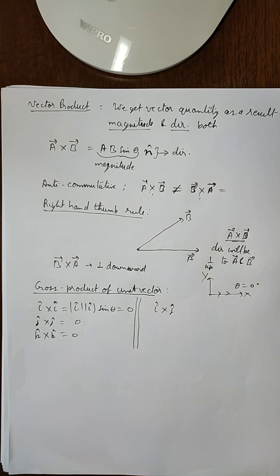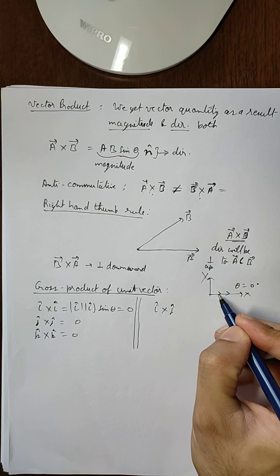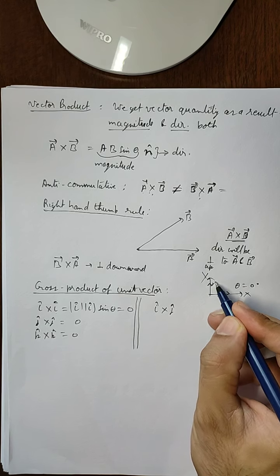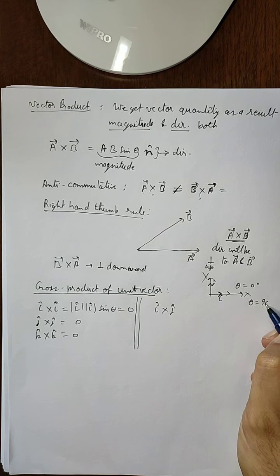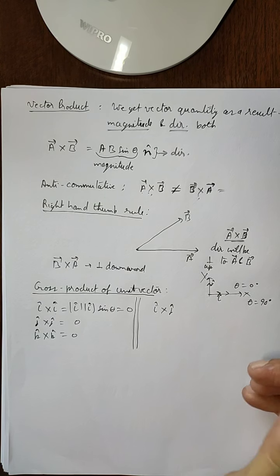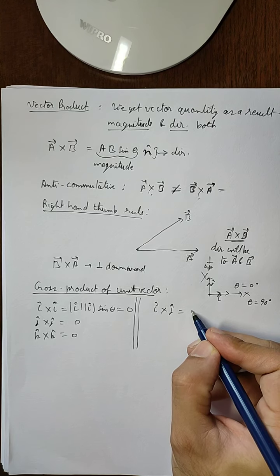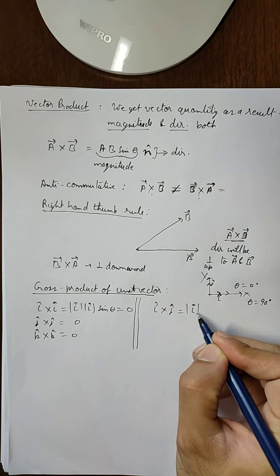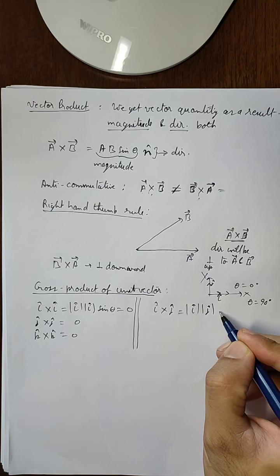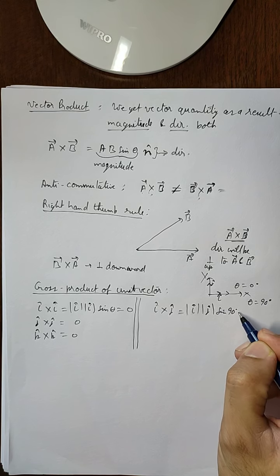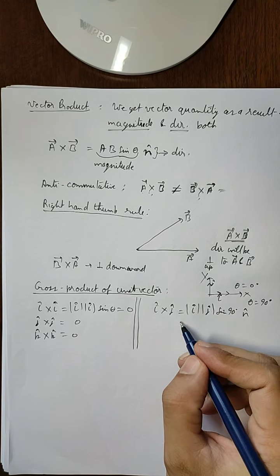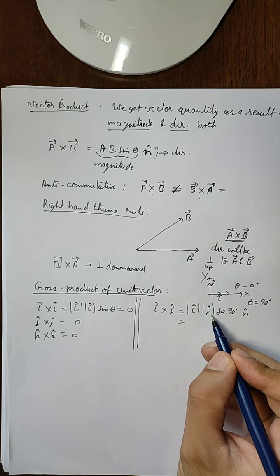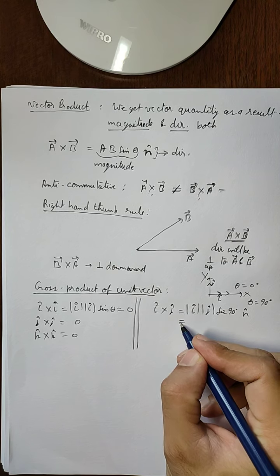Similarly, if we are doing i cap cross j cap, then i cap is in this direction and j cap is in this direction. Both are perpendicular to each other. That means theta between them is 90 degree and sine 90 degree is 1. So this is equal to sine 90 degree, but there will also be a unit vector. So this is 1, this is 1, sine 90 is 1.